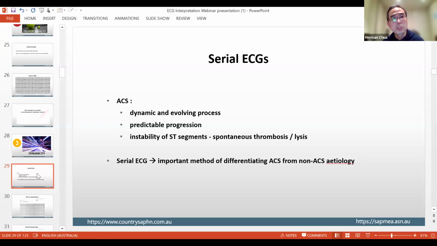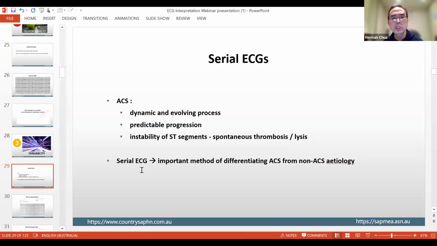And so it's really important, if you suspect that this is an ischemic process, that you do serial ECGs. Because like I've shown you, it undergoes this progression or evolution, and you can detect that in the T waves, in the change in the ST segment, and in the change in the QRS as well, as the thrombus lyses spontaneously or thromboses again.